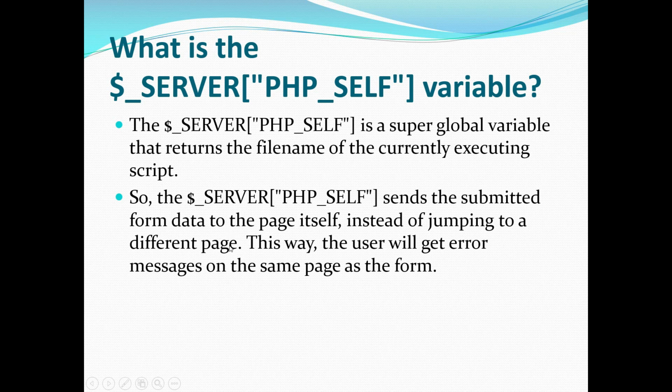If we write it in the action of the form, this way the user will get the error message on the same page as the form. You will understand this sentence after some time when I implement it in code.